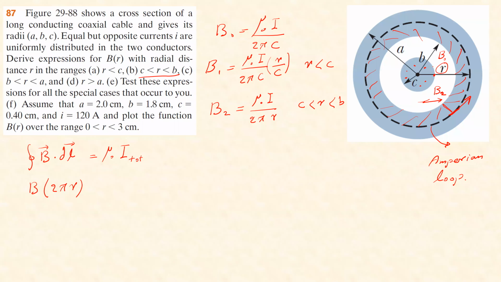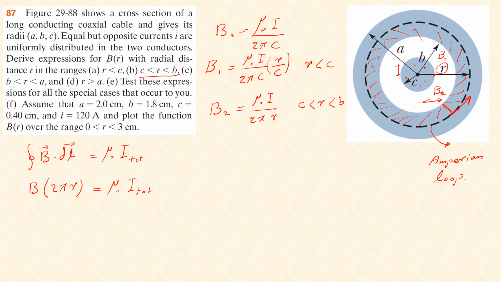Equal to mu naught I total, the I that is passing through this loop. How much is that? There is this I going in and this I total going out of the whole cross section. But we need to find the current in here. That is the hard part.